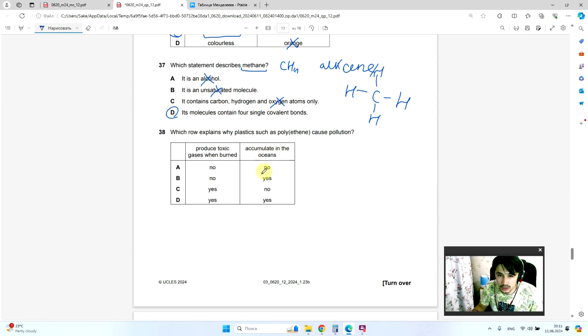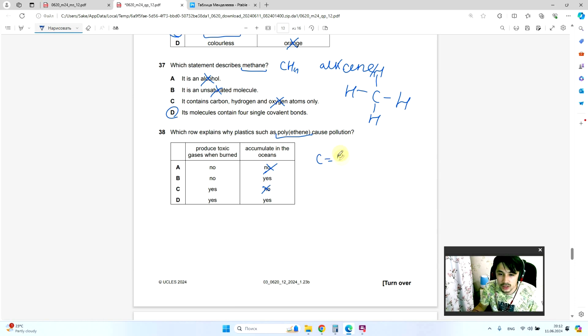Polymers, addition polymers in this case, are non-biodegradable, meaning they do not undergo decomposition in nature. Therefore they accumulate in oceans. So you can cancel out options A and C, and you need to answer this question: do they produce any toxic gases when burned? You have a specific substance as an example, ethene, polyethylene.